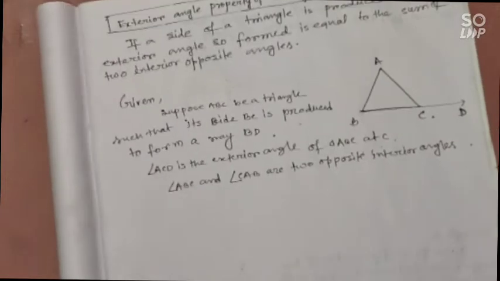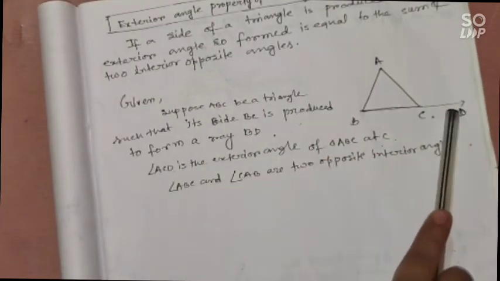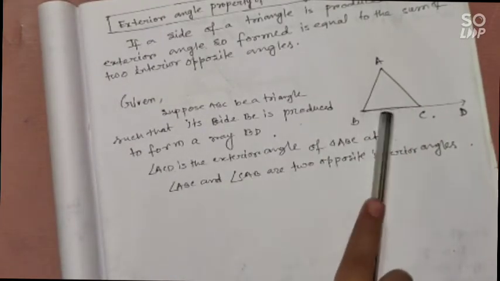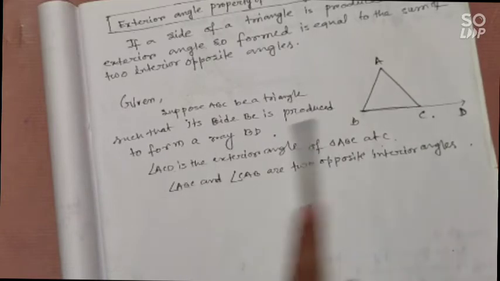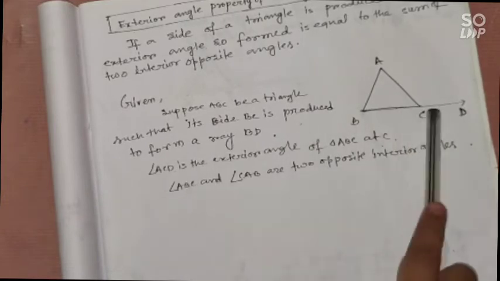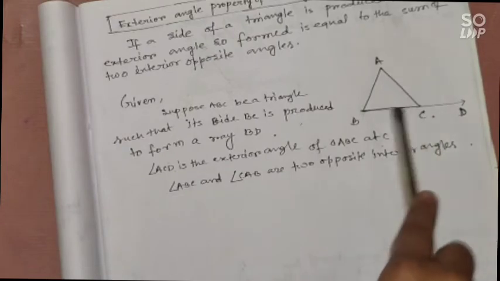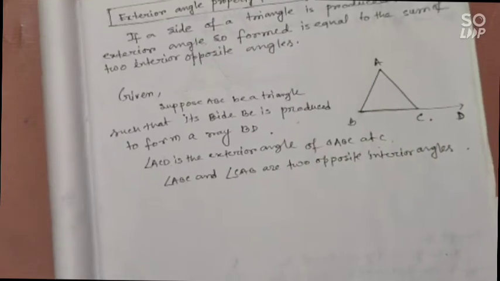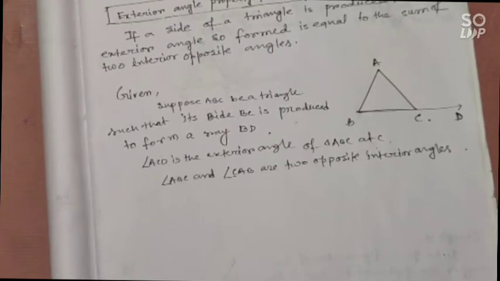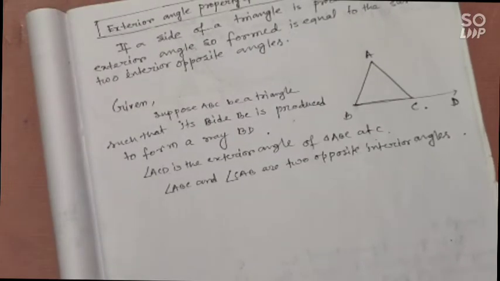These are given: suppose ABC be a triangle such that its side BC is produced to form a ray BD, ACD is the exterior angle of triangle ABC at C, and ABC and BAC are the two opposite interior angles.